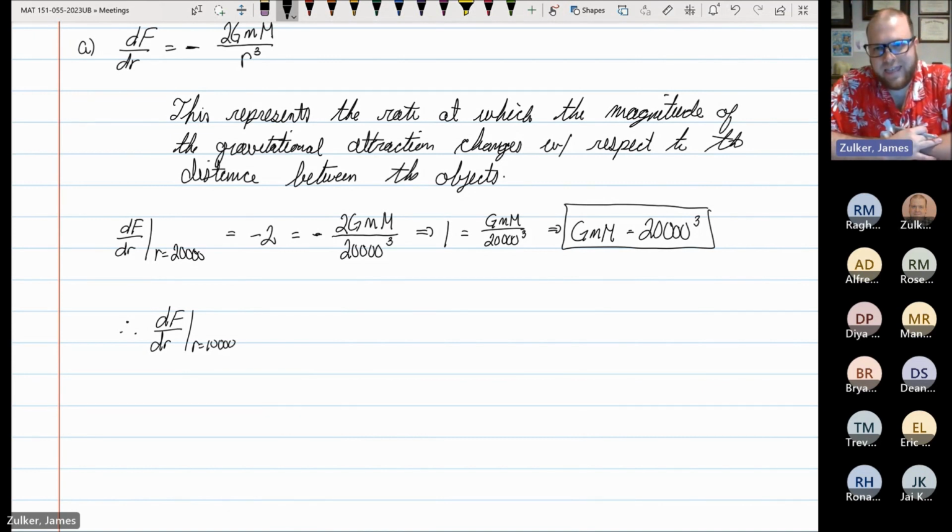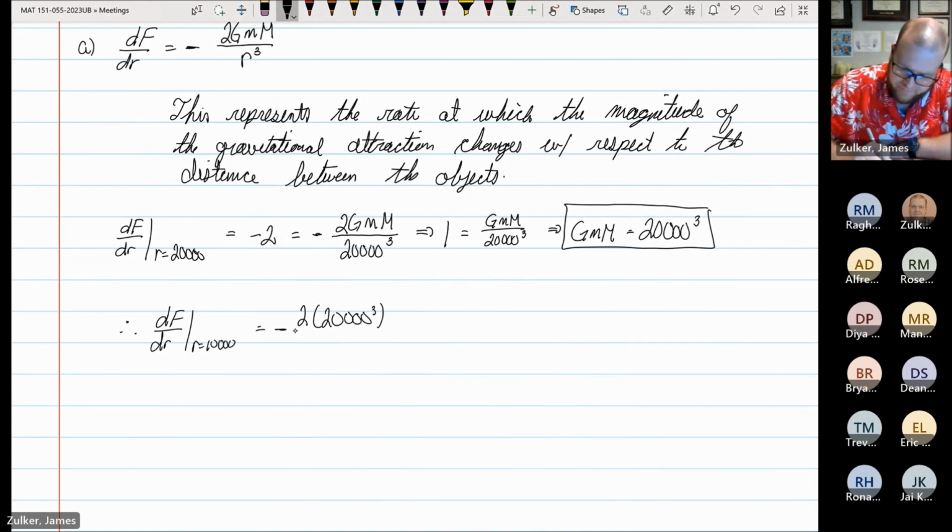Now when r is 10,000, we're going to get -2 times, now we just said that G little m big M is 20,000 cubed, and that has to be constant, and then over the 10,000 cubed.